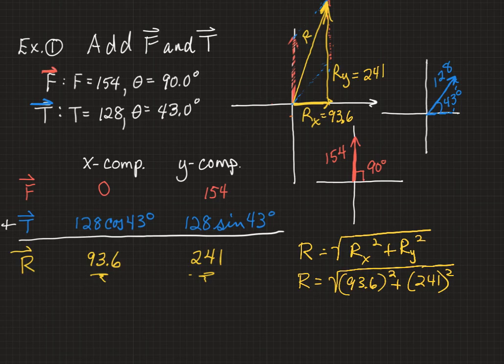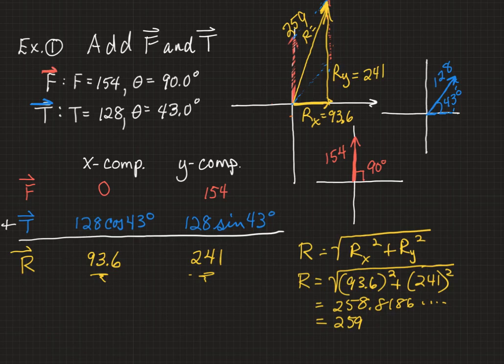If I evaluate this, the value I'm going to get is 258.8186, which rounds to 259, rounding to 3 significant digits. So r equals 259.